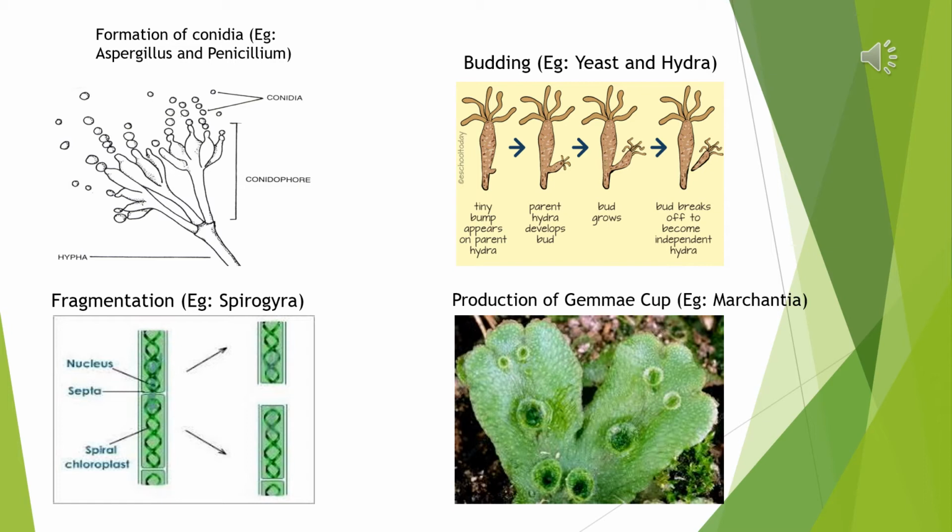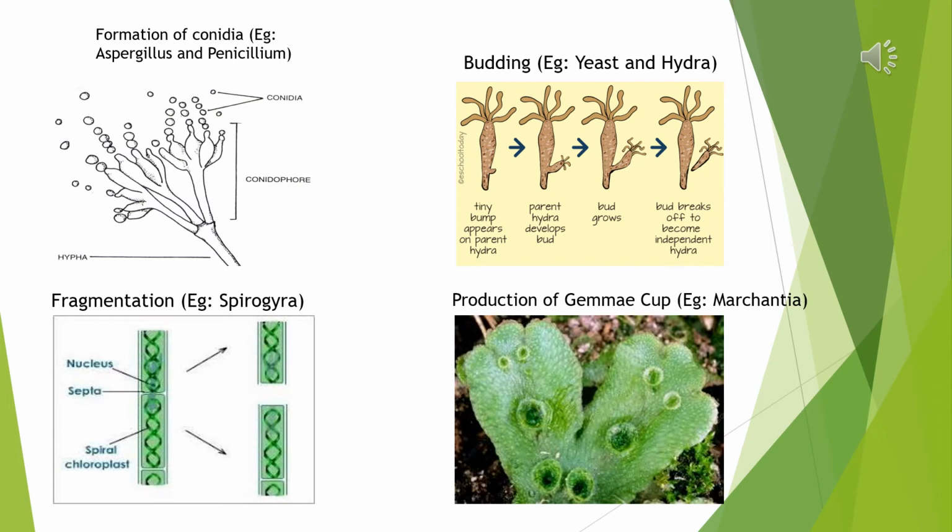What is fragmentation? Fragmentation is a method in which the parent plant gets divided into several small segments, several fragments. Each fragment grows into a new individual. Example, algae, spirogyra. What is the example for fragmentation?